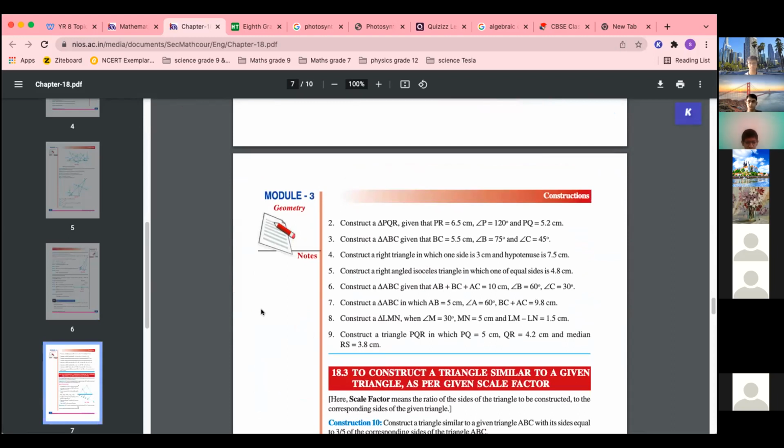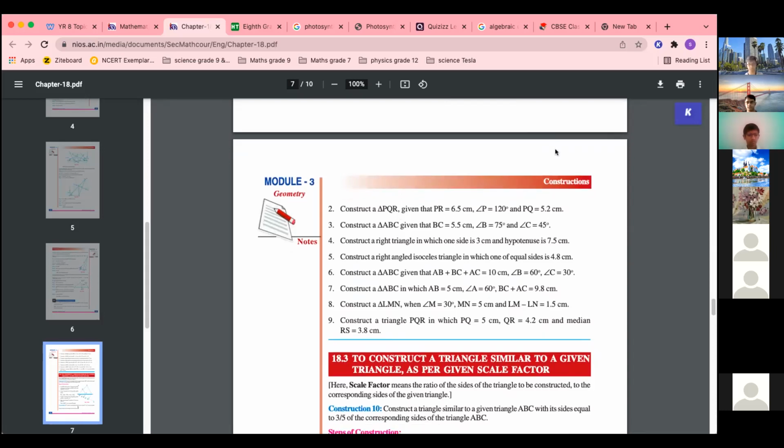Construct a triangle PQR given that, okay, Mudabbir, you will tell me now. PR is 6.5 centimeter. This is my rough diagram. Angle P is over here.